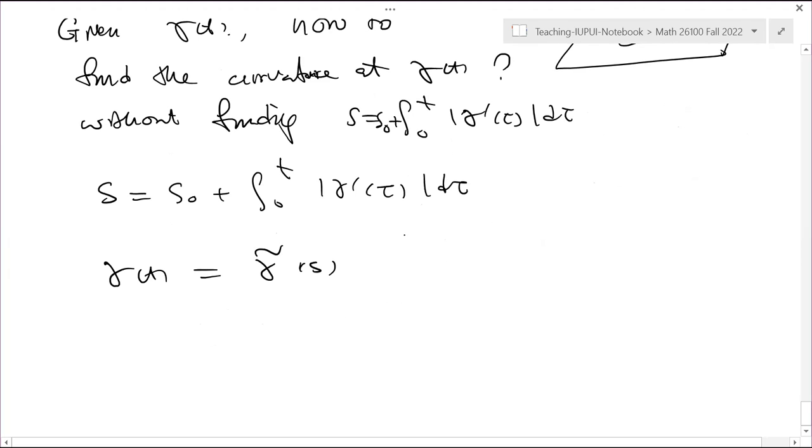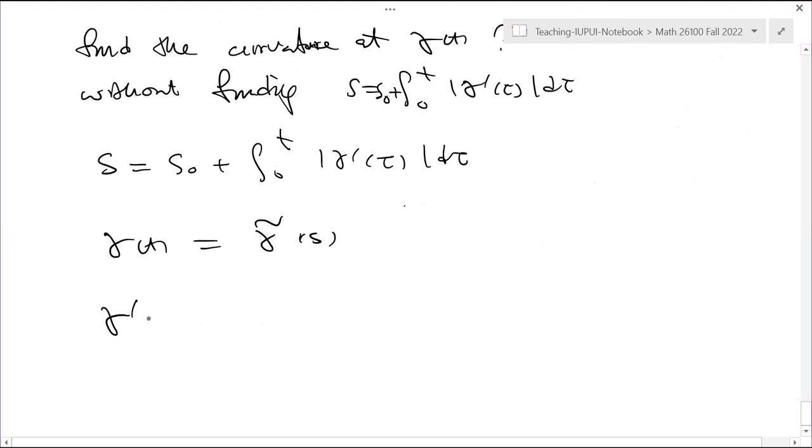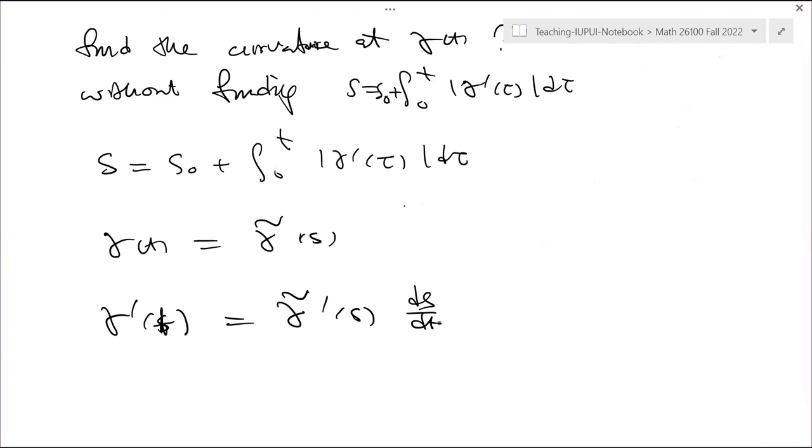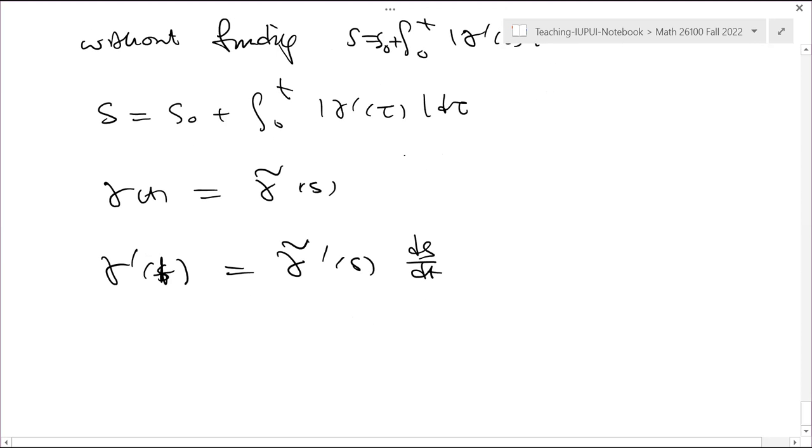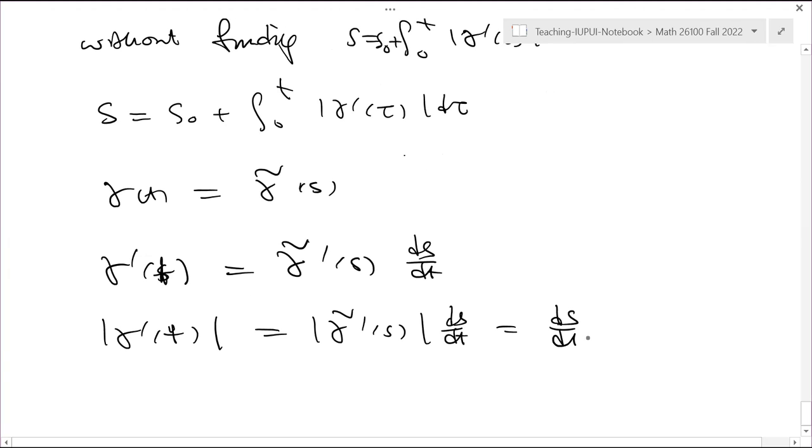So I differentiate with respect to t. So this is an identity. In other words, you have this identity.